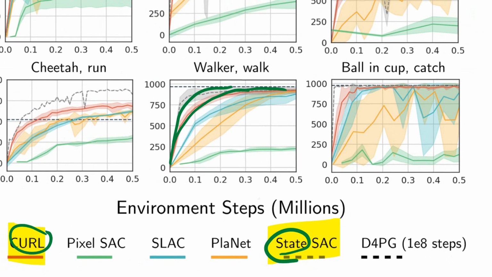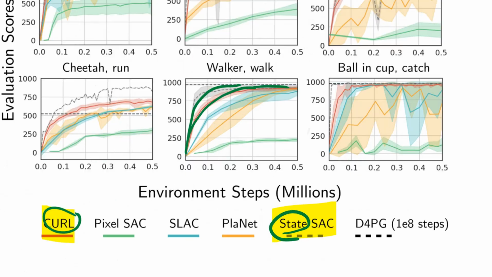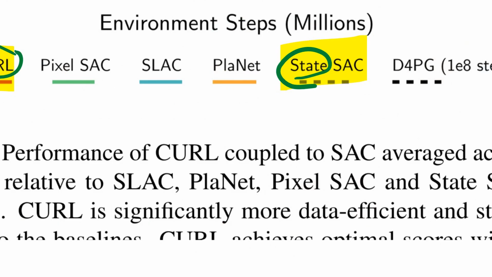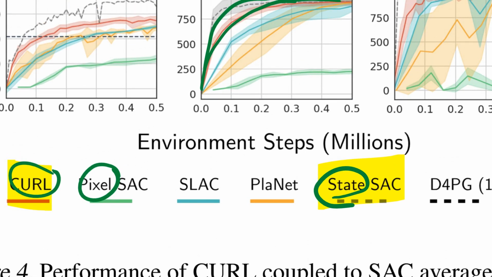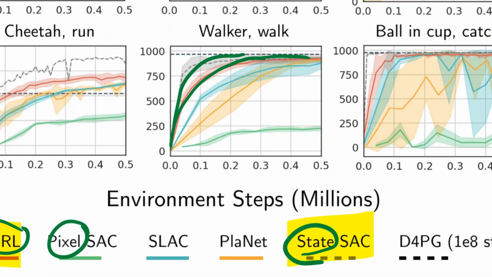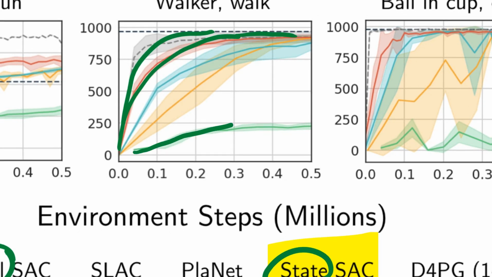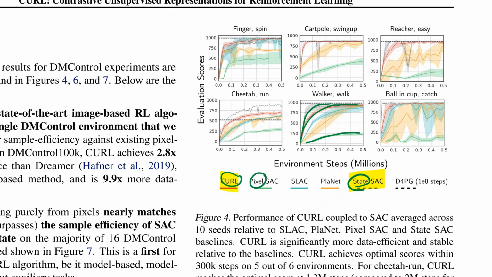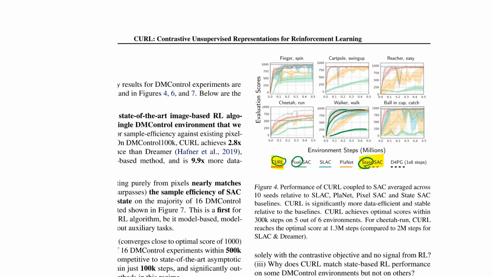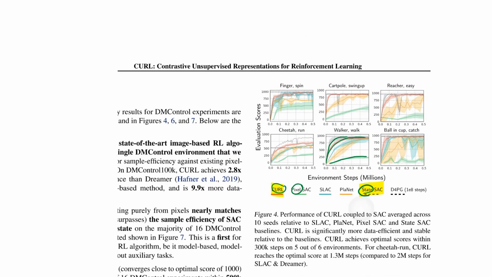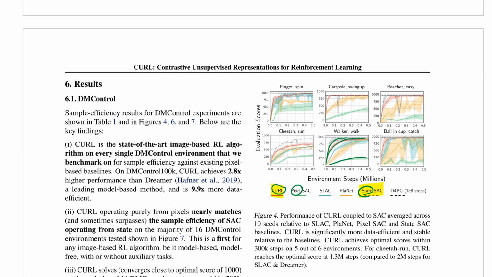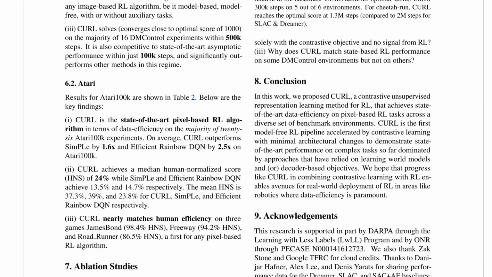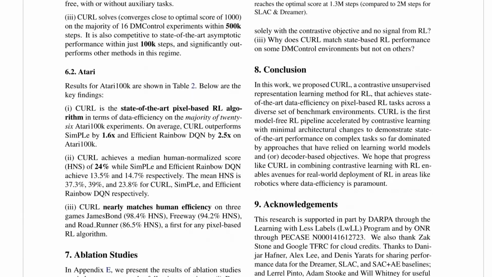Right, so that's pretty impressive, especially if you look at pixel SAC, which is the same algorithm but does not have access to the state, just the pixels. It often fails terribly, right? So that is pretty interesting to see, and even to me, it's pretty interesting to see that this kind of self-labeled algorithm comes up with such useful representations.